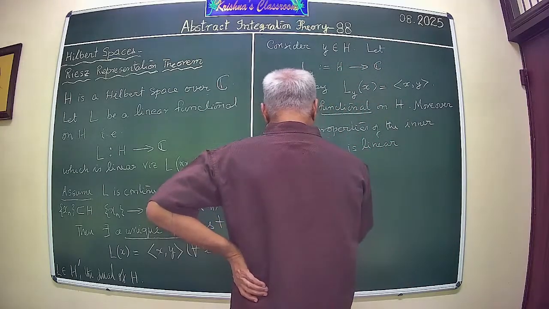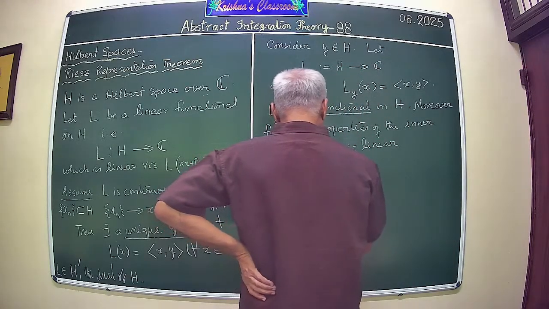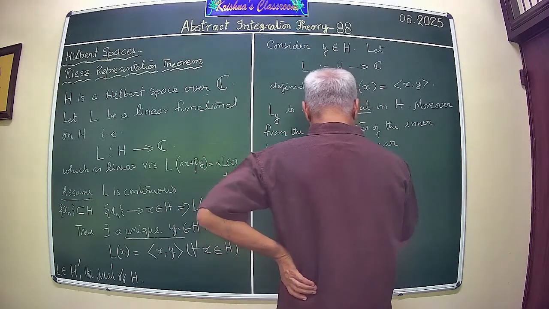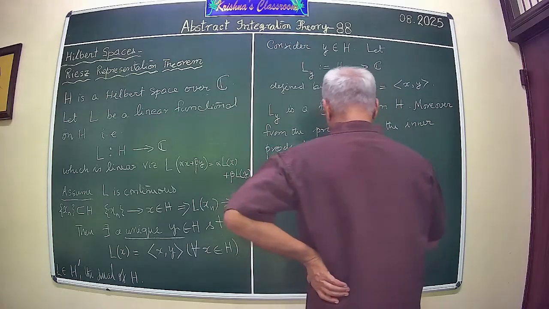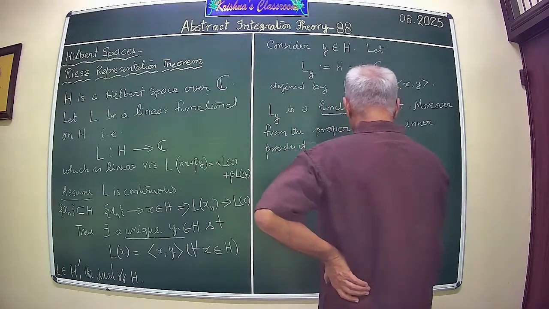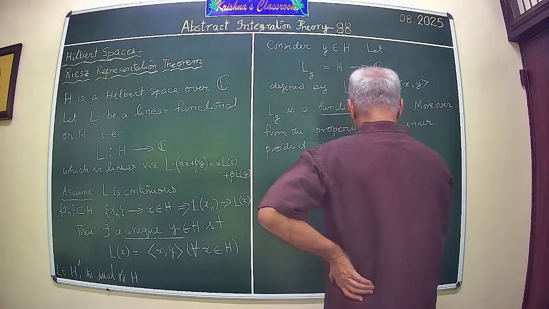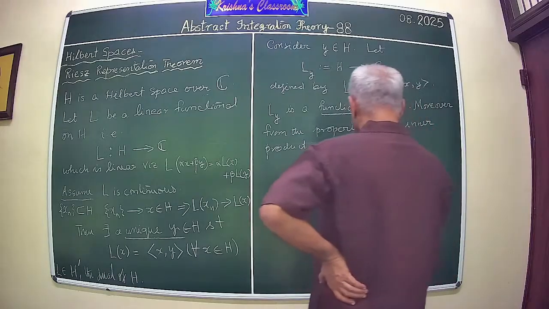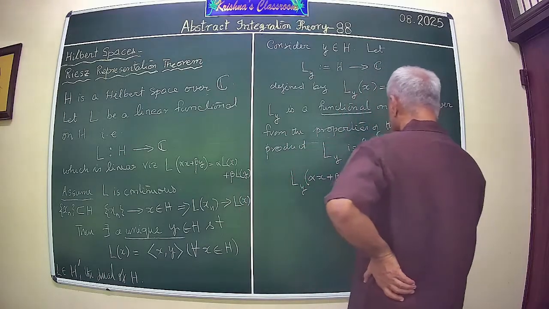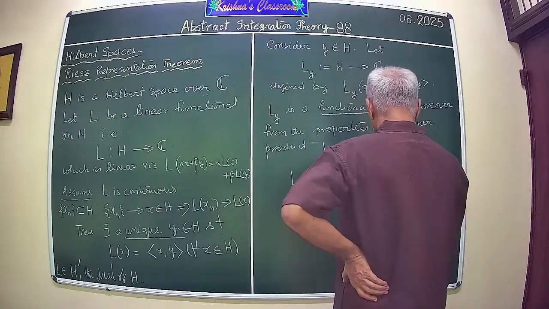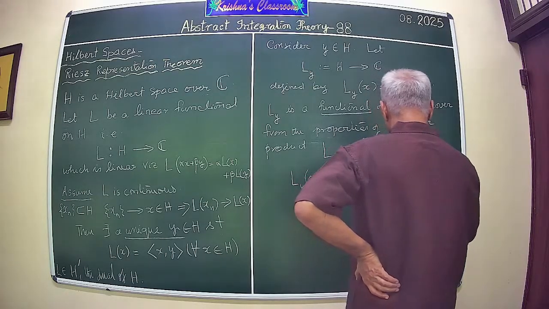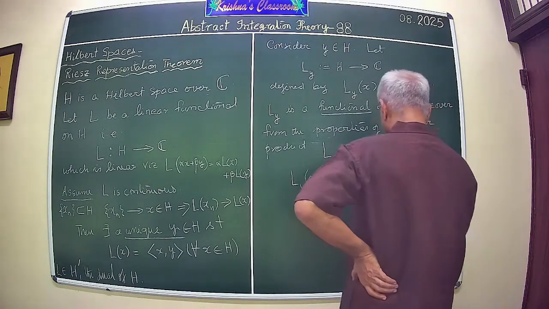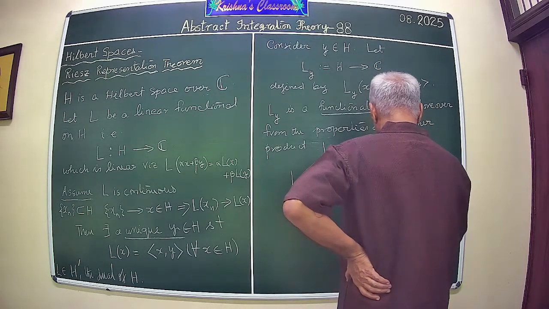See, Ly of alpha x plus beta z, by definition, it is the inner product with y, which from the properties of this is equal to alpha Lyx plus beta Lyz.